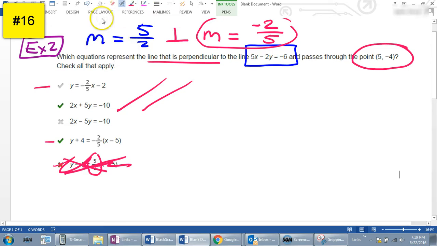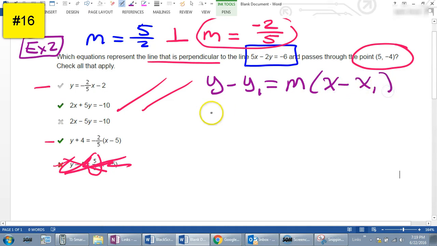Okay, and remember, point-slope form went like this. y minus a particular y is equal to slope times x minus a particular x. So this is going to become y. Okay, now this is my y value, negative 4. But you sort of change the sign.